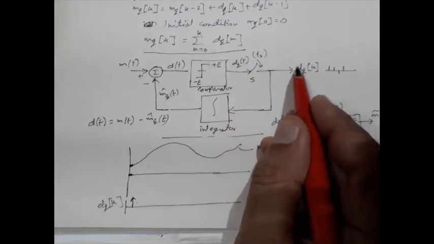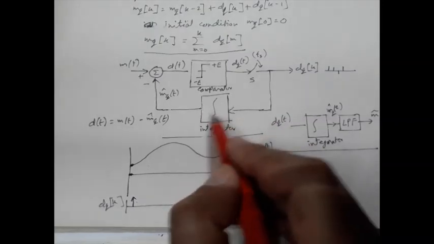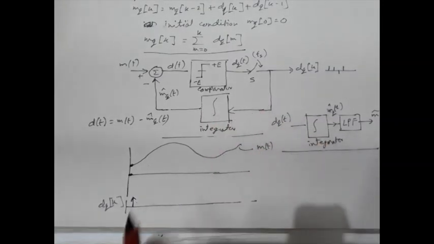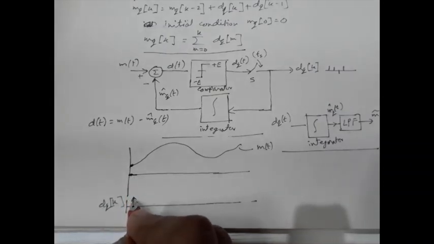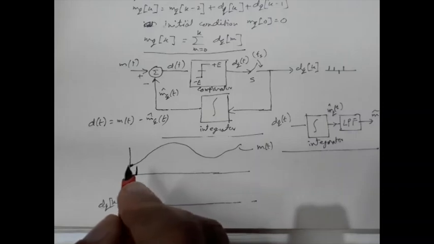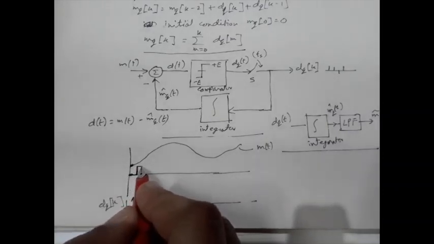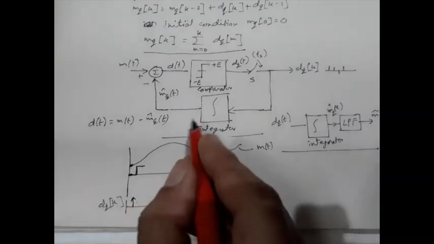But that DQK, that means this impulse, will be fed back through this integrator. So once it receives this, the integrator will increase its value by a certain amount and it will continue, because it is an integrator.